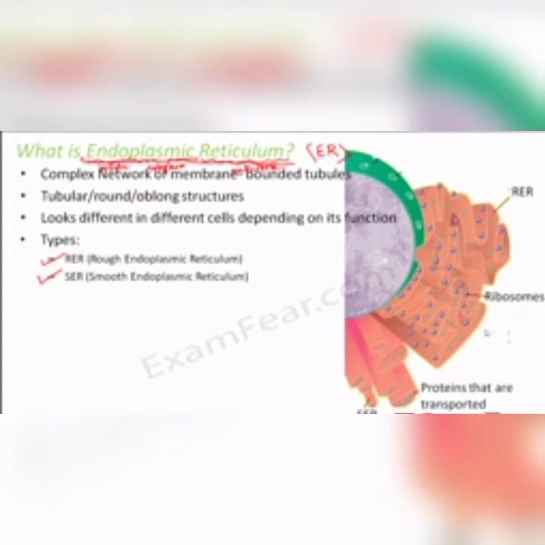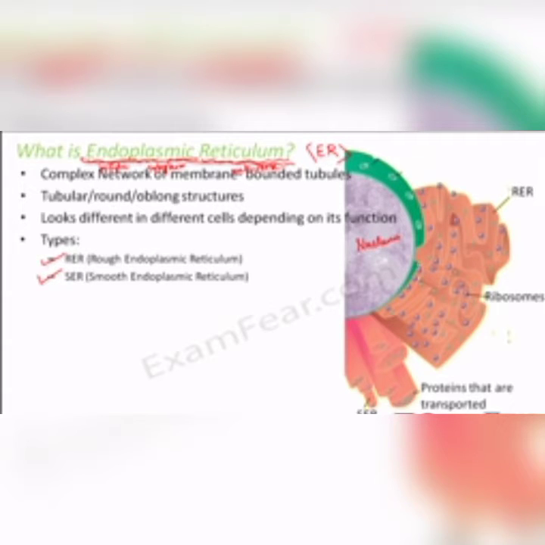So this is your endoplasmic reticulum. You see some tube-like structures, many tube-like structures together. Here also you see they are not exactly tube-like structures, but tube-like structures with a lot of folds in them, and they are located quite close to the nucleus. This is the nucleus.